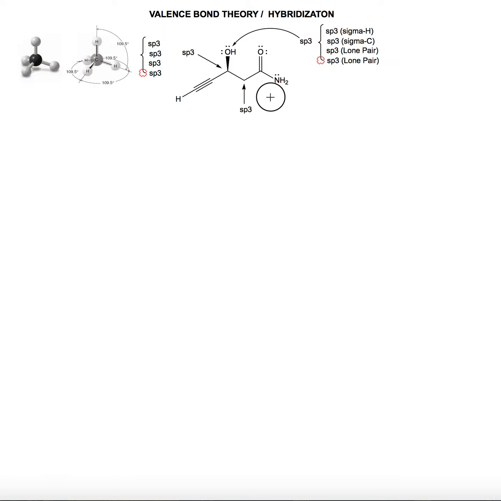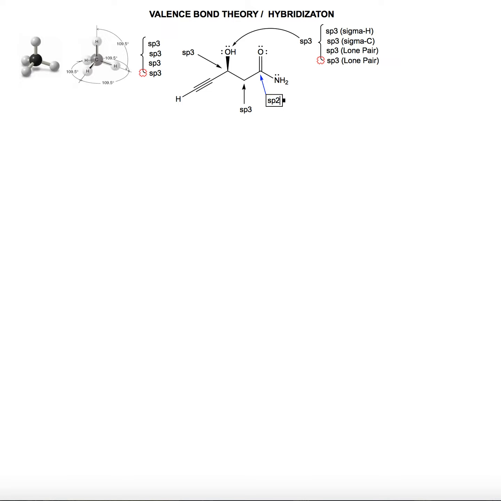So I'm gonna just point toward this carbon. This carbon has 1 pi bond. I'm gonna color code it with blue. So this carbon has 1 pi bond. Because it has 1 pi bond, this carbon must be sp2 hybridized.